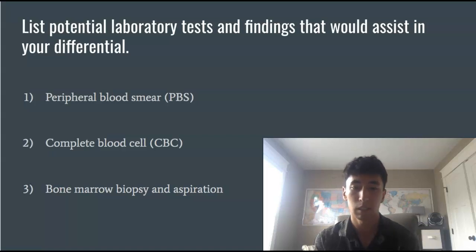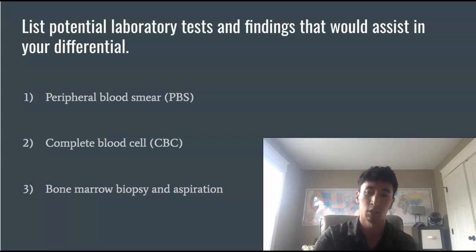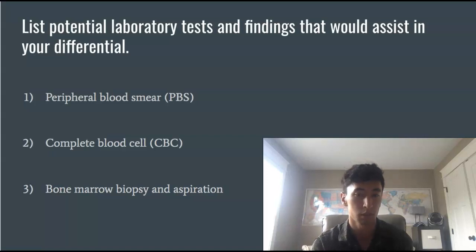Another test is the CBC test, which is a complete blood count, and this is used to differentiate many different conditions such as anemia, infection, and leukemia. This test can determine the amount of red blood cells, white blood cells, hemoglobin, hematocrit, and platelets.